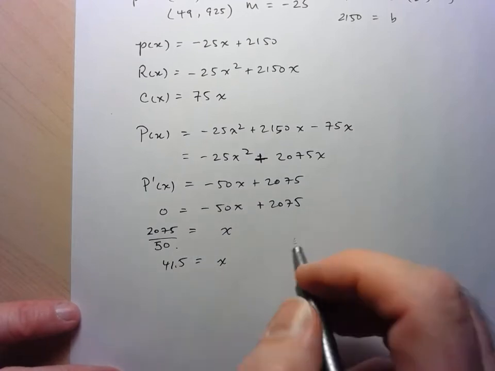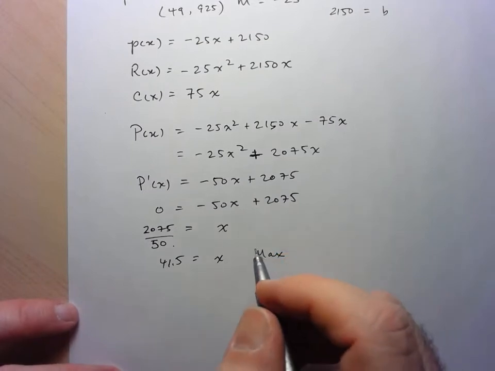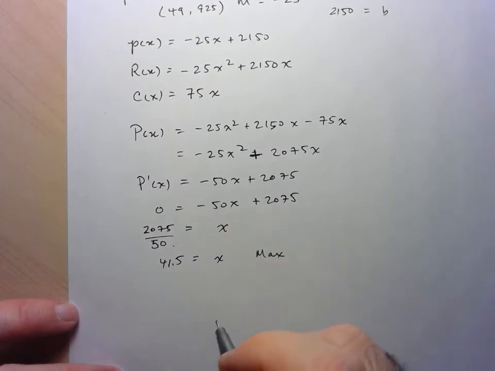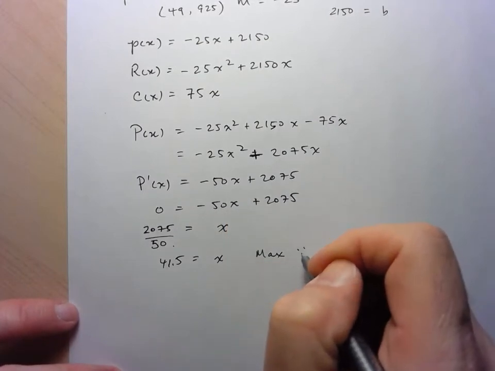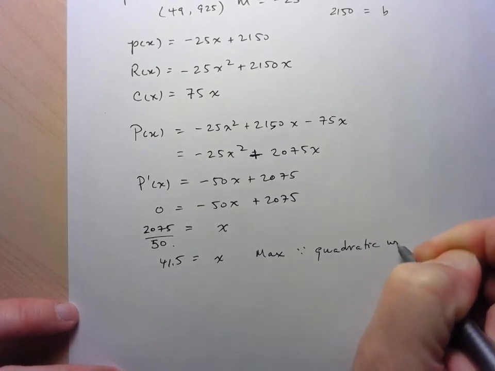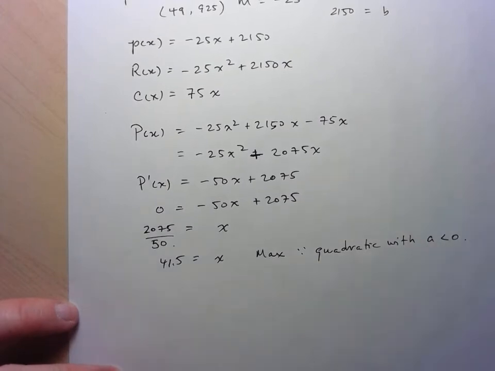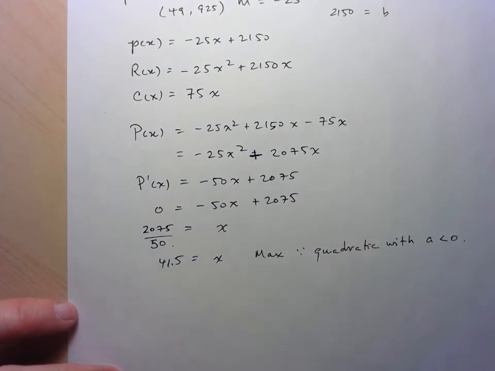Now, my expectation is that you're either testing signs on either side, or you're making reference to the fact that this is a quadratic with a negative a value, max. So that's how we know it's an absolute max.